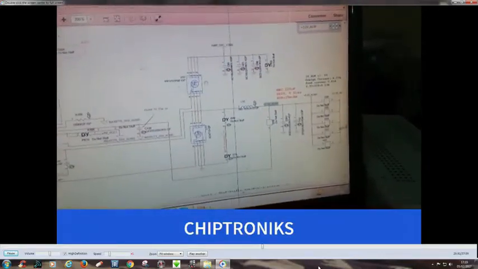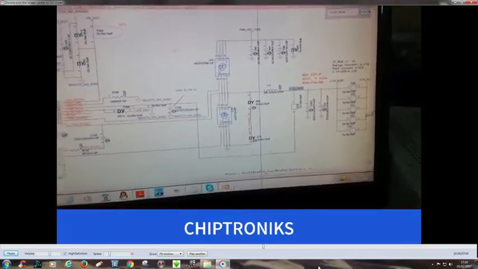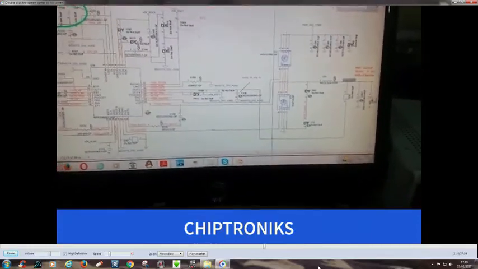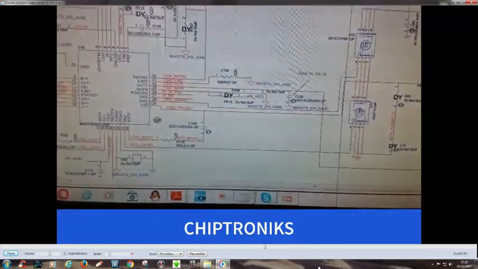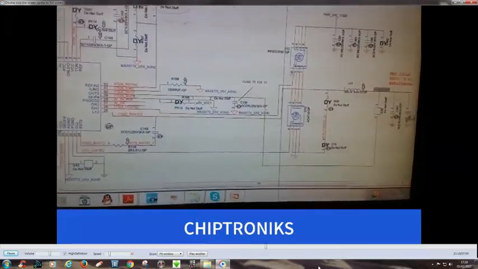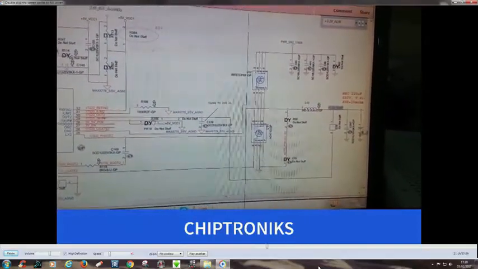And also, before checking the MOSFET, you need to check the driving, whether these MOSFETs are getting this drive voltage or not. That is, drive high and drive low. So you have to check these two driving voltages, whether these two MOSFETs are getting the driving voltage or not.